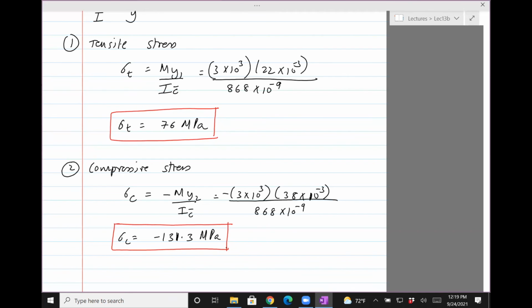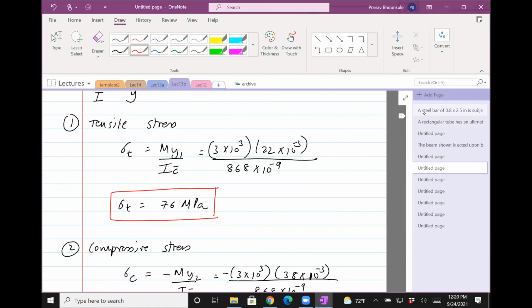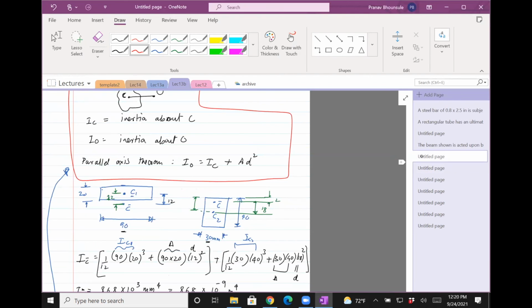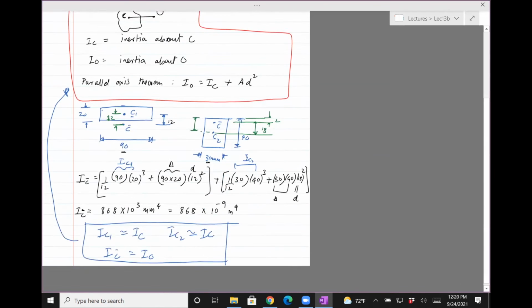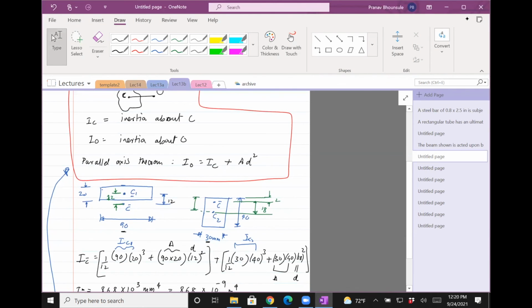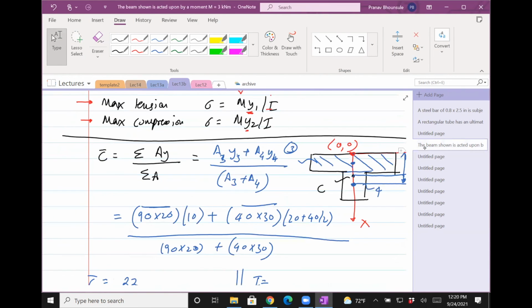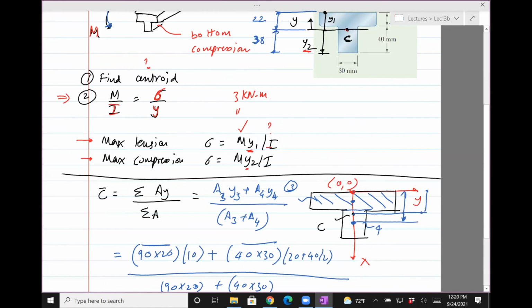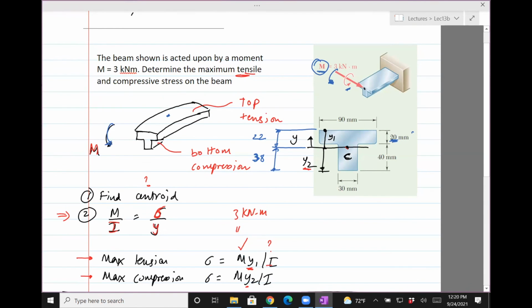Yeah, question. Why should you use the negative sign? That's a good question, so let's go back. In this case, I know for a fact that this is compressive and I put a negative sign, but the way this sign convention goes is, if you look here, the moment, they don't have an axis, but it is counterclockwise.